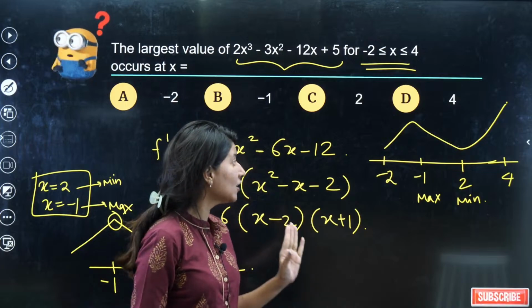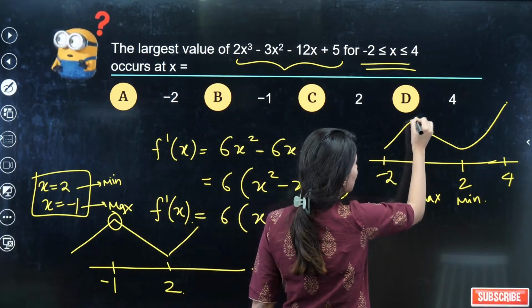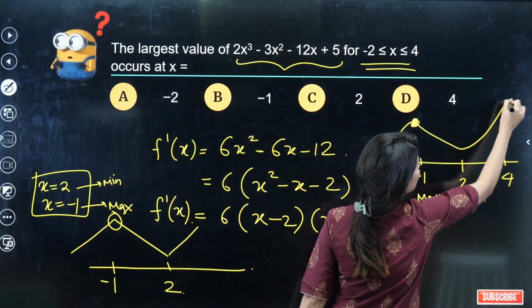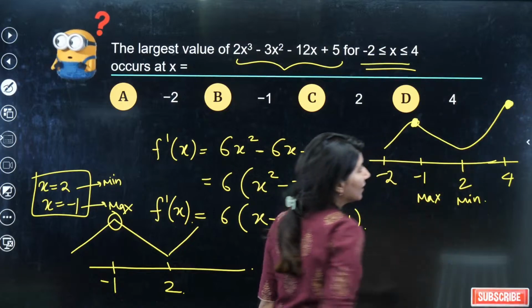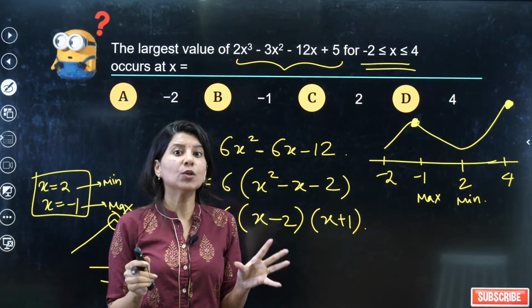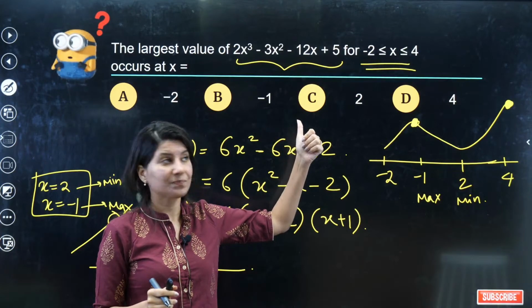Understand this nicely. If I talk about global maxima, it could be at x equals minus 1 or it could be at x equals 4 as well. That means extreme values will come into the picture if I talk about the global maxima.